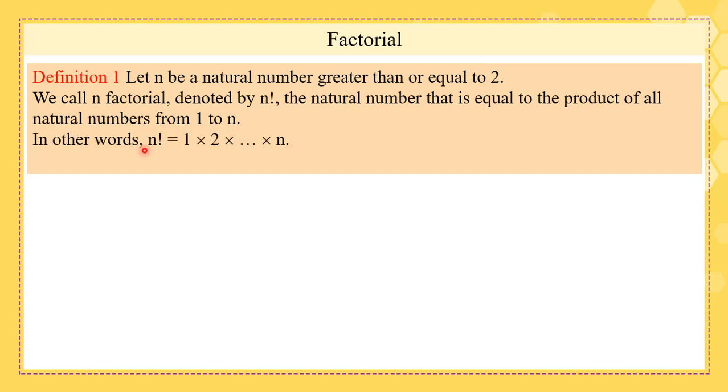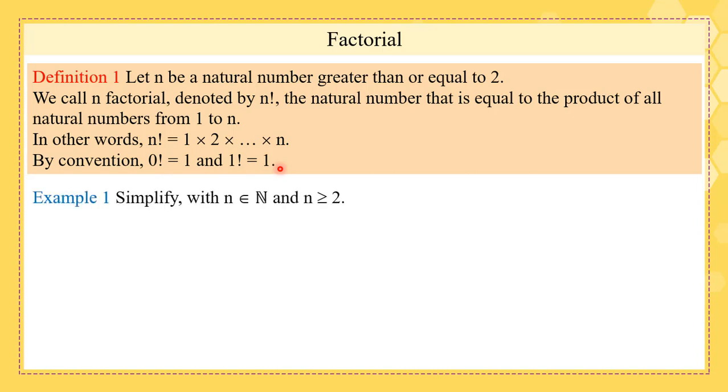In other words, if I have, for example, n factorial, this would be the product of all natural numbers from 1 to n. So if I want to talk about, let's say, 5 factorial, it will be 1 times 2 times 3 times 4 times 5. And by convention, 0 factorial is going to be equal to 1, and 1 factorial is 1.